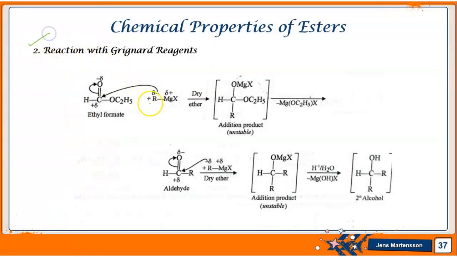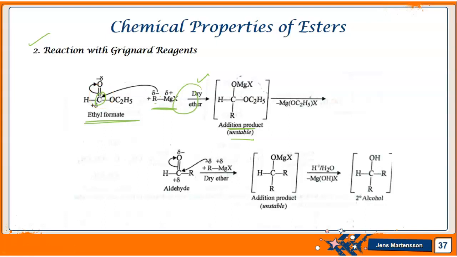So the next reaction is with the Grignard reagent. Over here you can see the reaction of your ester with RMgX in the presence of dry ether. It leads to the formation of first an unstable product like this, where your oxygen will be attracting the shared pair of electrons towards itself, making carbon susceptible to get attacked by your R negative, that is, by the nucleophile.